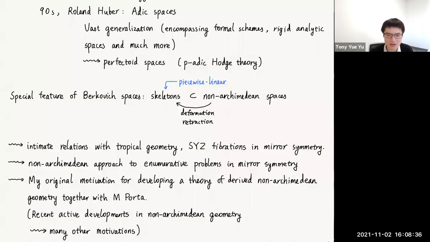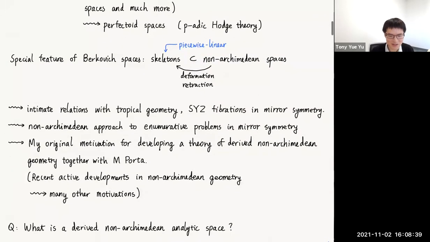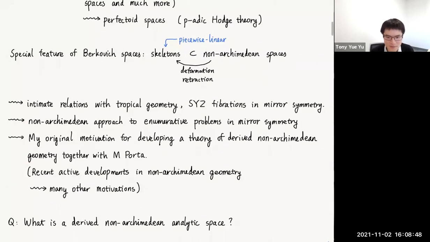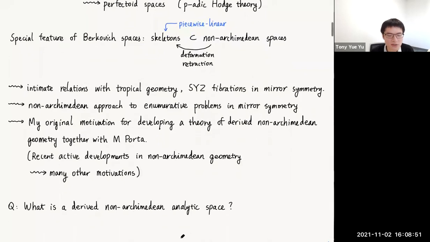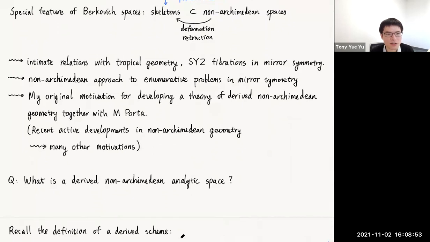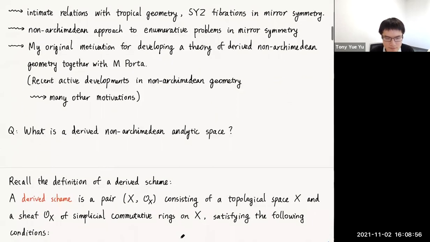Okay, so now let's ask, what is a derived non-Archimedean analytic space? To answer this question, let's first recall the definition of a derived scheme. A derived scheme is a pair (X, O_X), consisting of a topological space X and a sheaf O_X of simplicial commutative rings on this topological space, satisfying the following conditions.